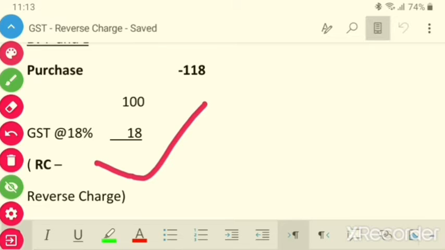But he is paying to the government 18% GST on the purchase value as usual, as if he had purchased from a registered dealer, that is reverse charge.